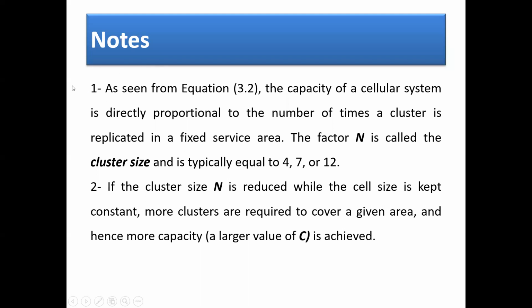Regarding point number one, of course, if we have the ability to minimize the cluster size, then to cover the same area we are going to repeat the clusters more, hence increasing the capacity of the system. If the cluster size is reduced, say moving from 12 to 4, while the cell size is kept constant, more clusters are required to cover a given area, and hence more capacity, a larger value of C will be achieved.